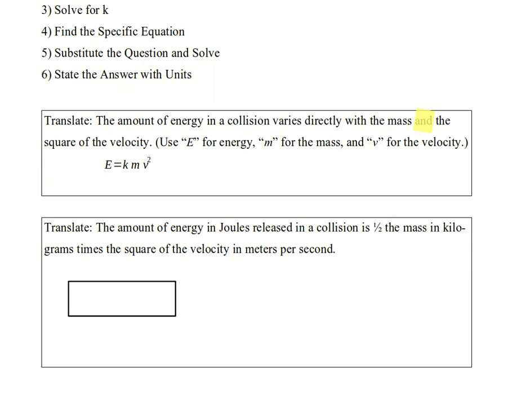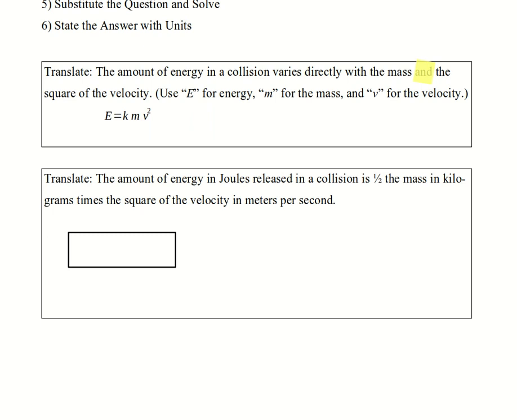Now let's look at this equation in terms of metric units. It says to translate, the amount of energy in joules released in a collision is 1/2 the mass in kilograms times the square of the velocity in meters per second. So if we're using metric measurements, this becomes really easy. The k goes away. We don't have to solve for it. It's always 1/2. That actually comes from calculus.